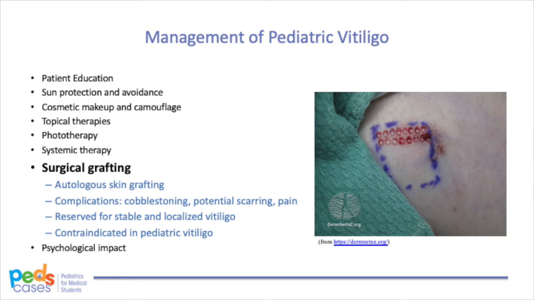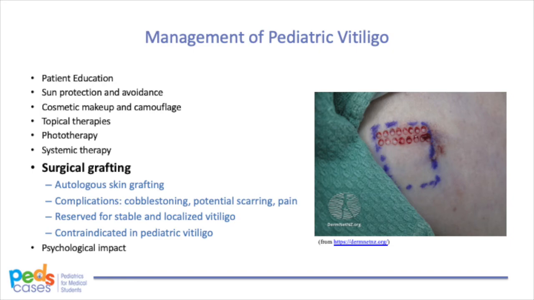A suitable candidate would be a patient with stable and localized lesions that have been resistant to other methods of therapy. It is often contraindicated in pediatric vitiligo because lesions are more likely to progress during childhood, and there's a risk associated with general anesthesia in children, which would be required for this procedure in young children.